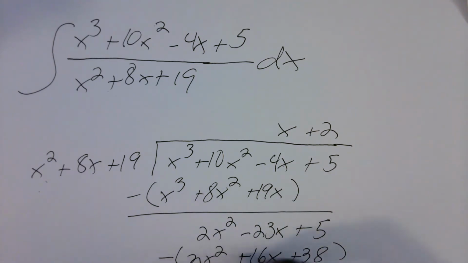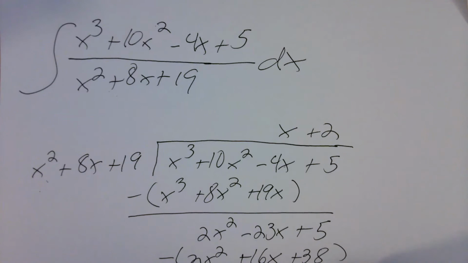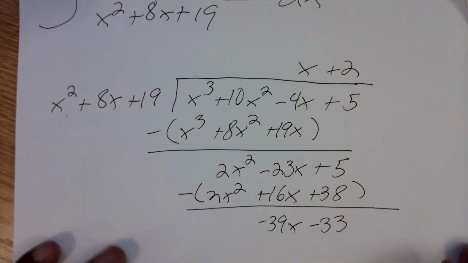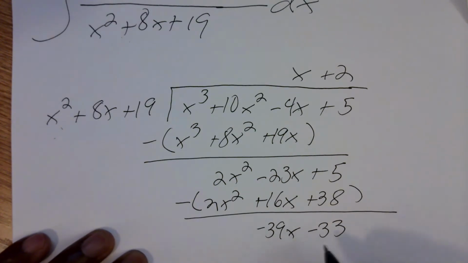And that'll give us negative 39x minus 33. Oops, excuse me, minus 33. Now this is actually my remainder. This is lower than this, so there's not any more division I can do.